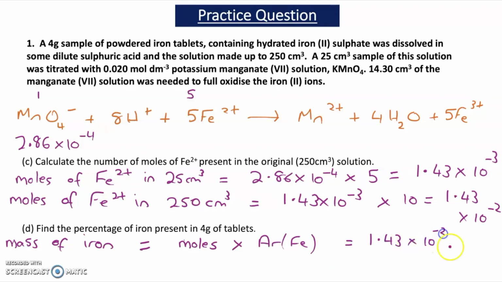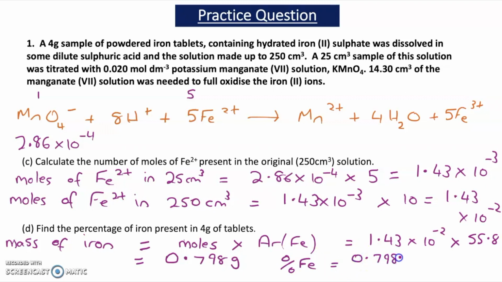So therefore the mass of iron present in 250 cm³, the original solution, is 1.43 times 10 to the minus 2 times 55.8, and this gives us a mass of approximately 0.798 grams.